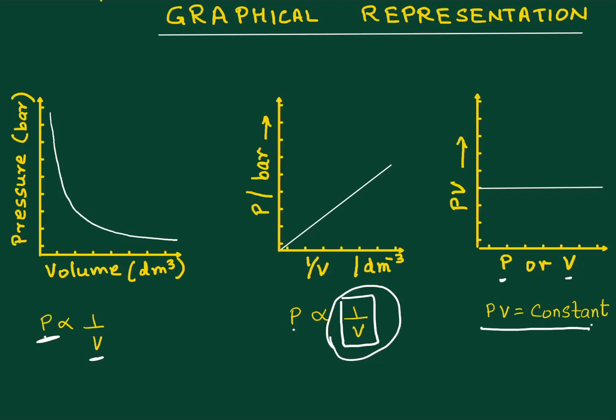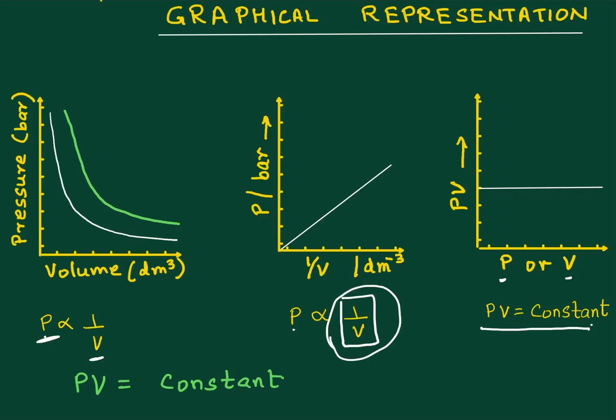The product of P into V will still remain constant, but that value will be different from the graph that you have drawn or the value that you would have calculated earlier. What we will find over here is, again, with increase in temperature, we will find that the graph changes.